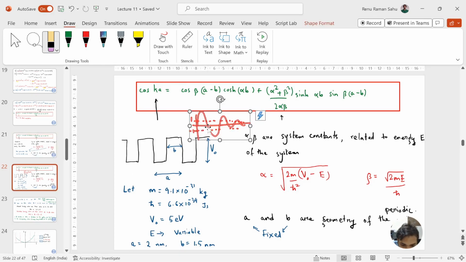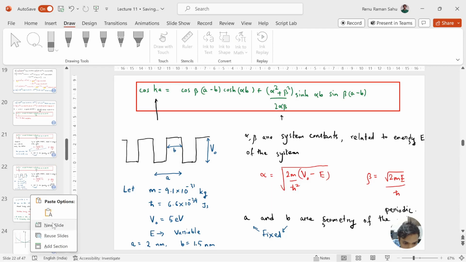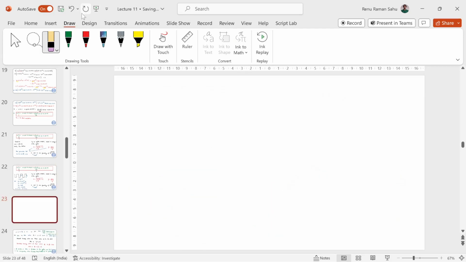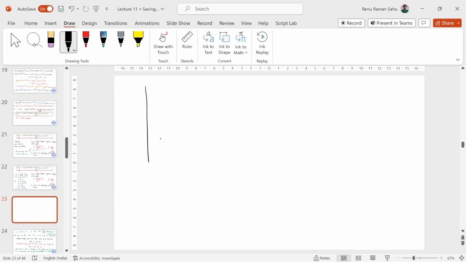Maybe I will make a new slide. So how it will look like is, suppose I am plotting the right hand side. The right hand side will look something like this.